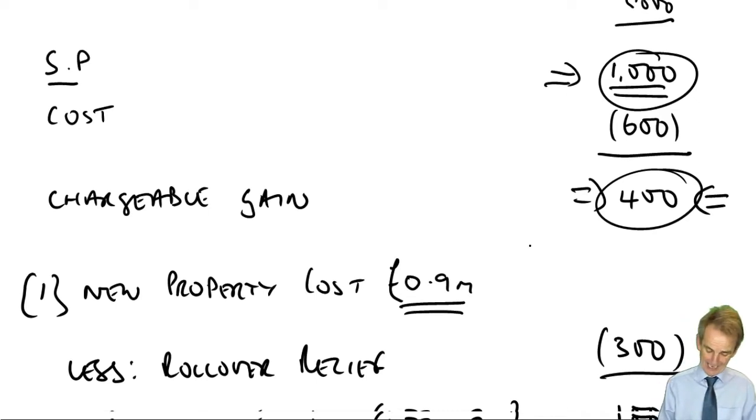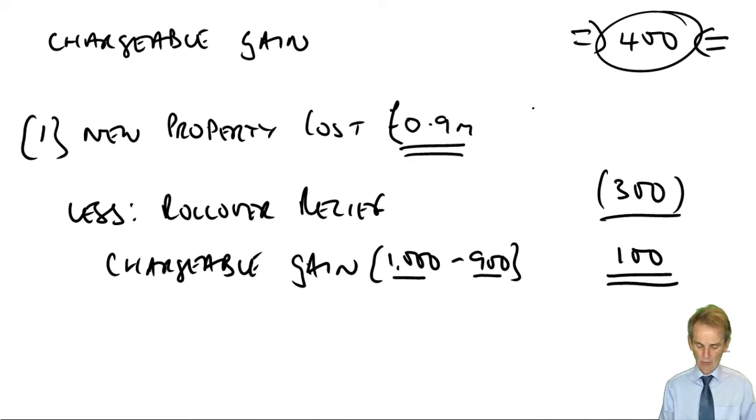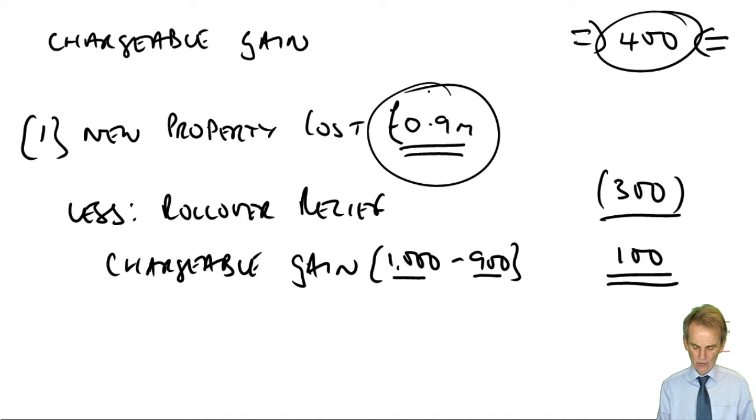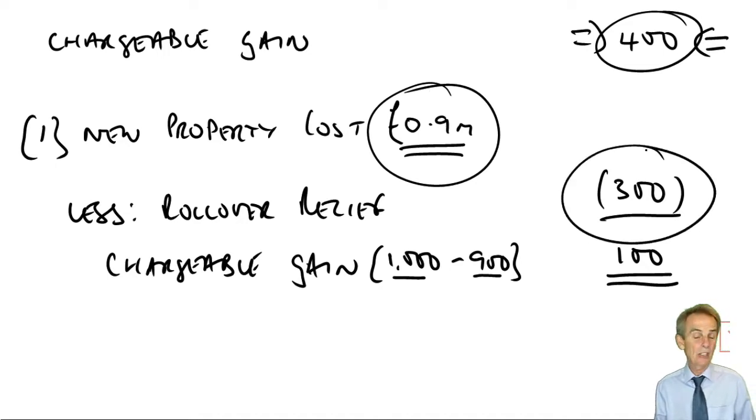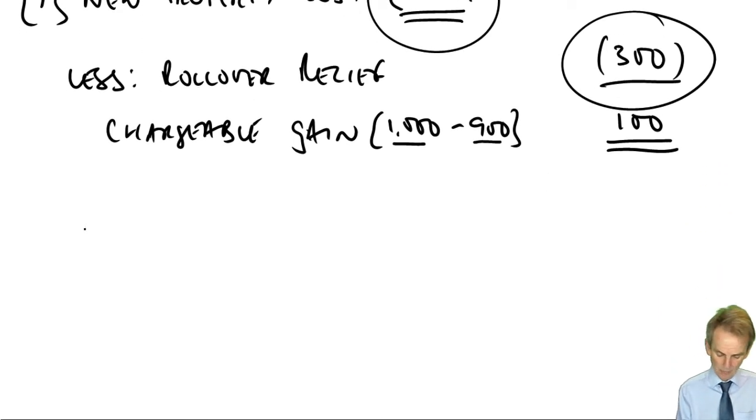What happens now? Exactly the same principle. Your new property cost is £900,000. The rollover relief allowed is not now the full 400,000, but is just £300,000. So what will now be the deemed cost of your new property?